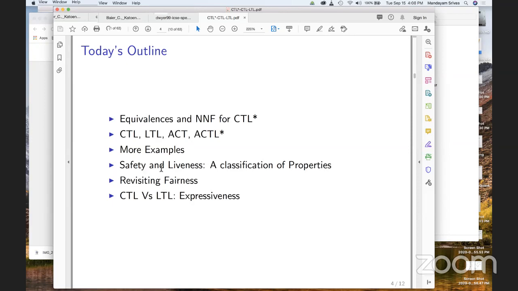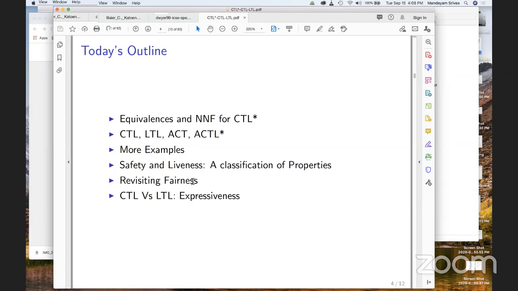Later on, we will see a classification of properties into safety and liveness, which Zubin mentioned on the way. This is a formal classification of properties based on the kind of counterexamples they have. And then we'll be revisiting fairness, the issue that we faced. Hopefully by then we would have solved the mystery of how exactly fairness needs to be specified and why that example was not running on NuSMV.